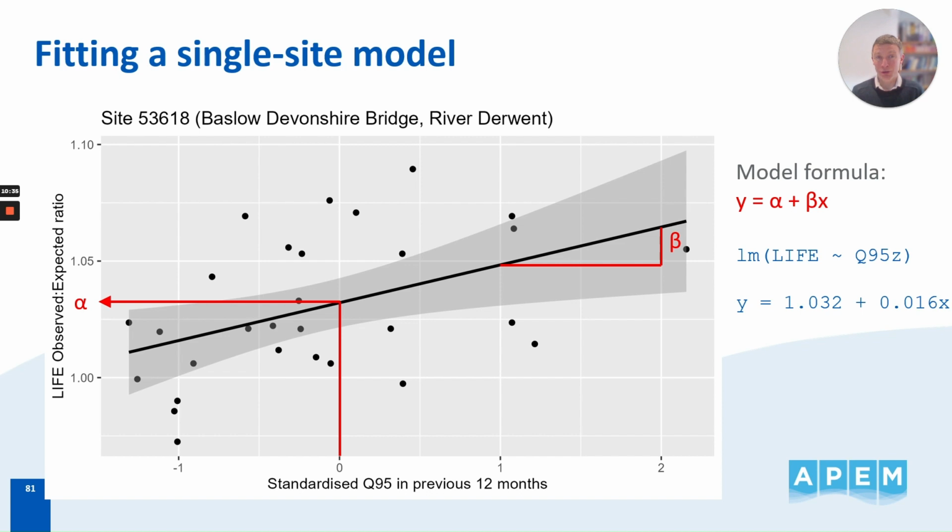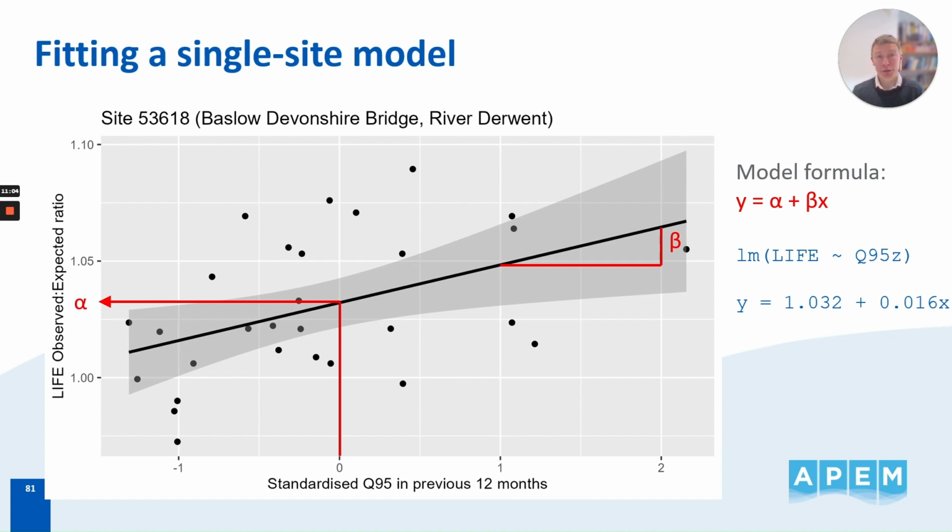Formally, the beta describes how much the predicted LIFE scores change in response to a 1 unit change in our predictor variable. So in this case, if our standardised Q95 flow increases from 0 to 1, or from 1 to 2, by 1 unit each time, then we will see the same constant change or increase in our predicted LIFE score.